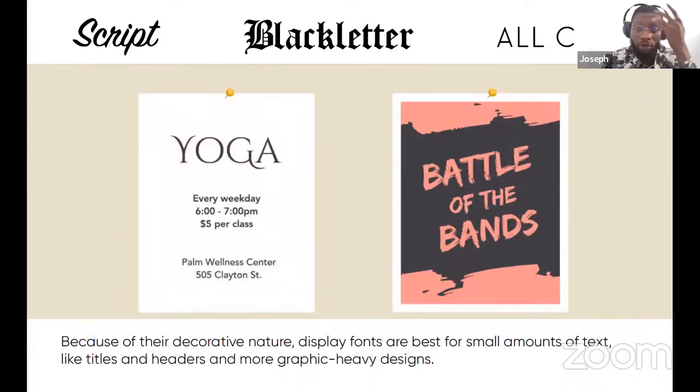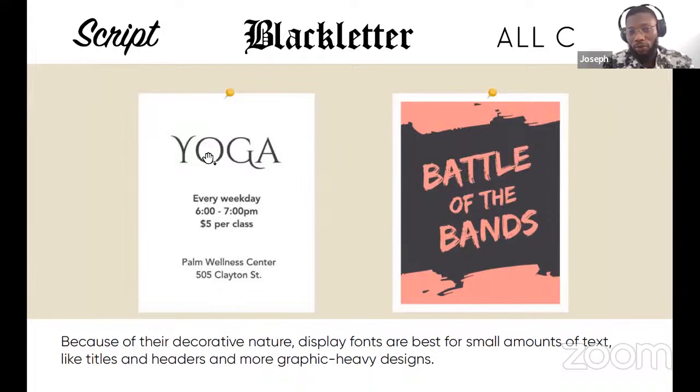So we also agreed that it is not advisable to use display fonts for all the content of your design, except if the content of that design is just maybe like a movie poster or a title of a song, and it's just a short word, like you see Battle of the Bands, which is a very good example, right?